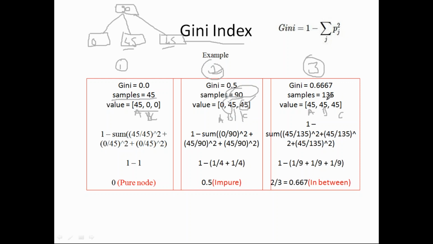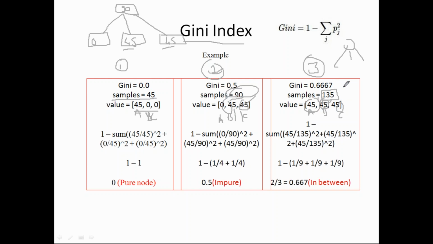And in the third case, where you have 135 samples, 45 into 3, when you do the splitting, all these samples are equally divided among A, B and C, which is very wrong.